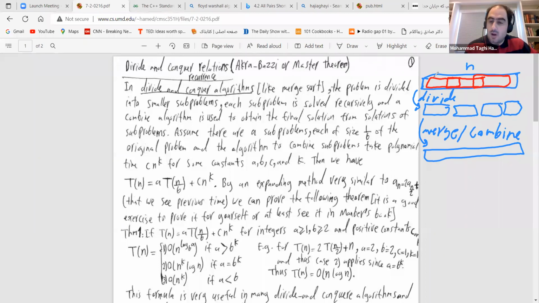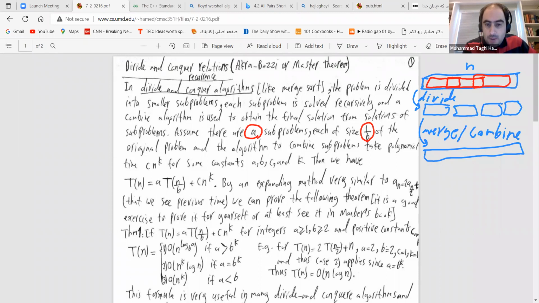Even for big data, we are using this type of algorithm to solve a big data problem. So assume that you have a problem that you want to solve. We have a subproblems, and each of them is a 1 over b fraction of the original size.